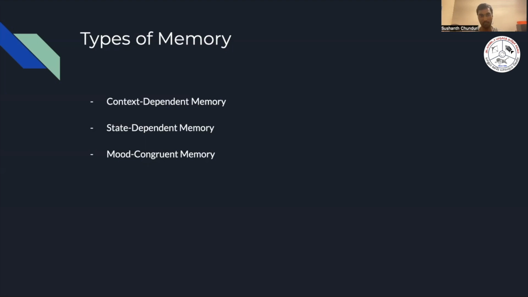But then when you make them drunk again, they remember that task. They're only remembering that task while they're drunk, which is super interesting because that memory doesn't transfer over. Mood congruent memory is about the same thing, except it depends on your mood. So say you're really happy and you remember something, and then when you're sad, you don't remember it, but when you're happy again, you remember it. That's mood congruent memory.